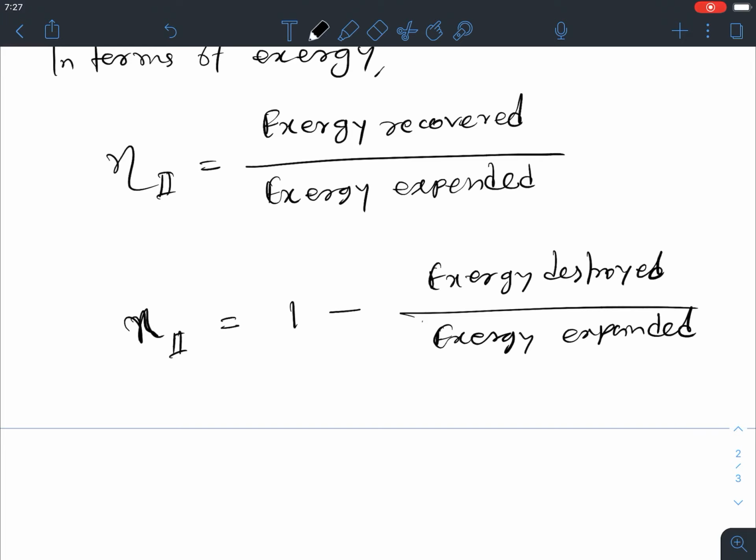So these are the definitions in terms of exergy.